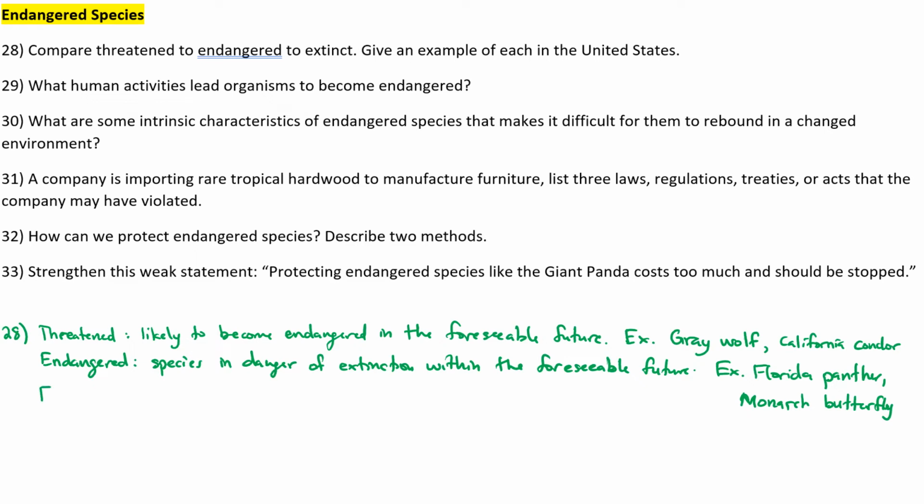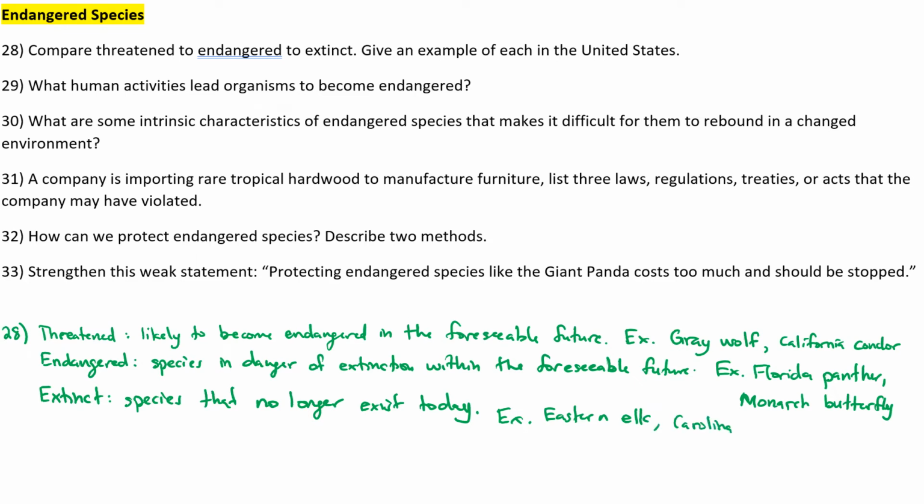Then we have extinct. Species that no longer exists today. So the examples are the Eastern elk, the Carolina parakeet.